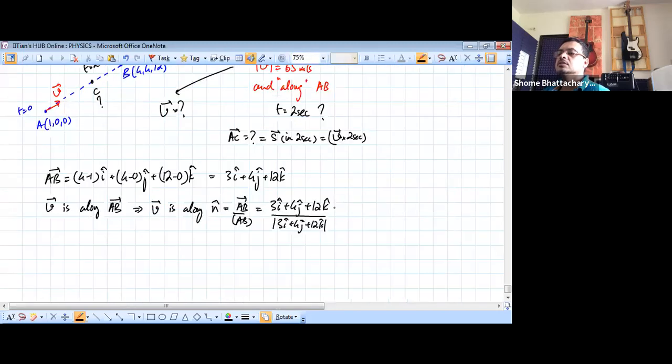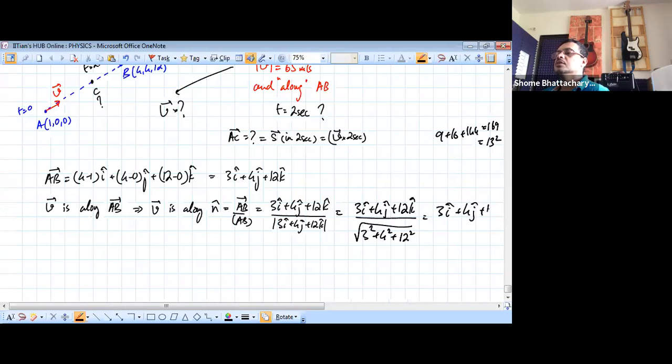In the denominator, you will get it as square root of 9 plus 16 plus 144. So you can see that 9 plus 16 plus 144 is 169, which is 13 square. So this will come out to be 3 i cap plus 4 j cap plus 12 k cap divided by 13. So that in this diagram, that is this unit vector. This unit vector along AB, that is n cap. Okay. This is your n cap.